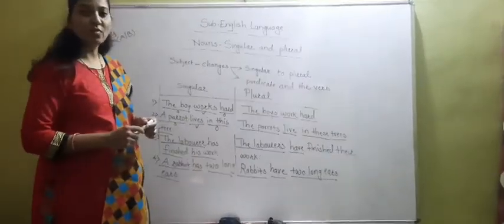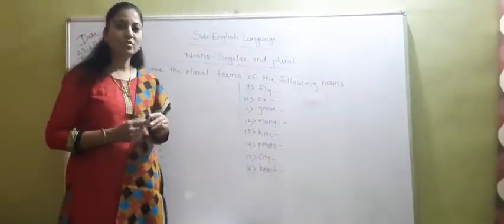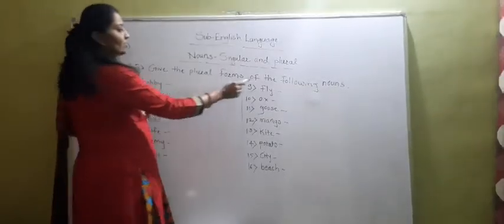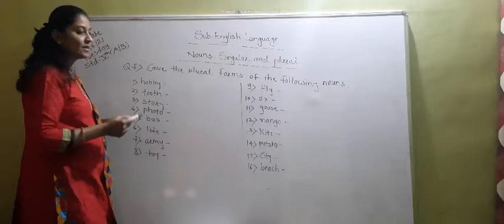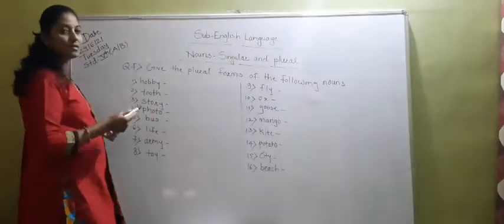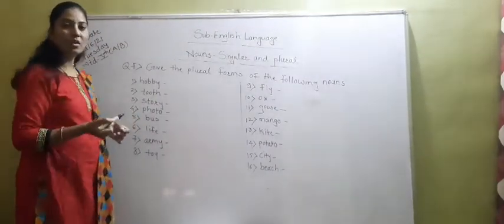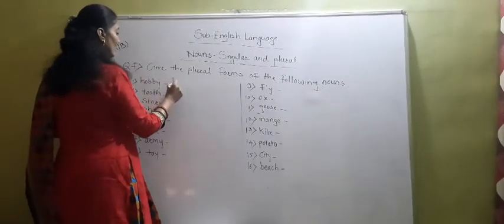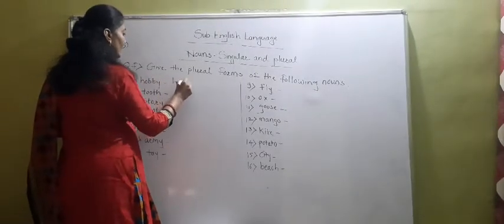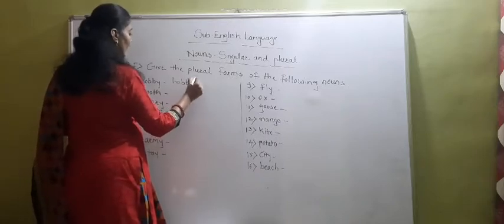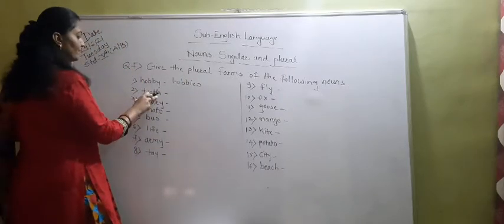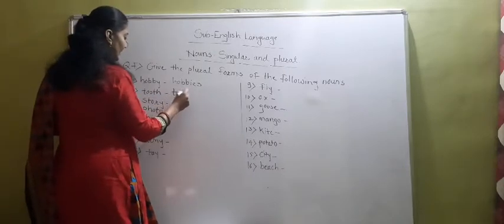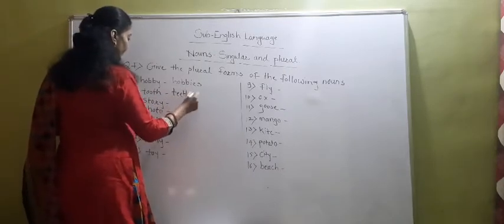Now let's move forward. Now students, see question number F. Give the plural forms of the following nouns. Here are some nouns and you have to make them plural. Now see, the first one is hobby. So we will write here hobbies. Tooth, we will write here teeth.